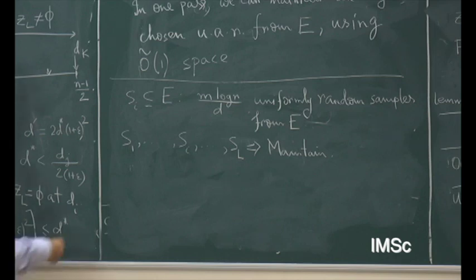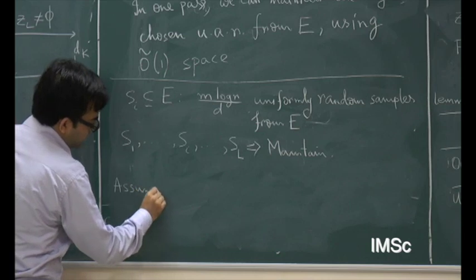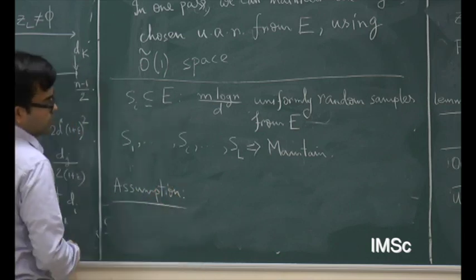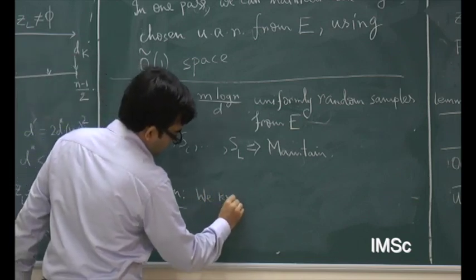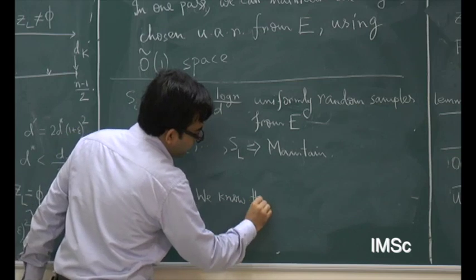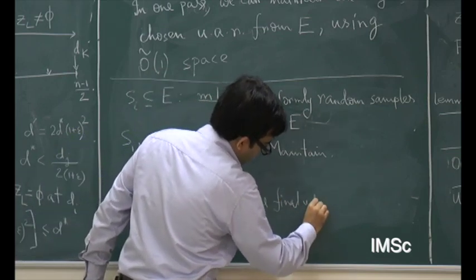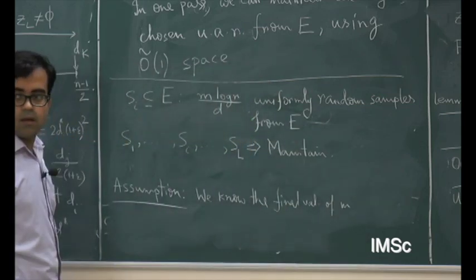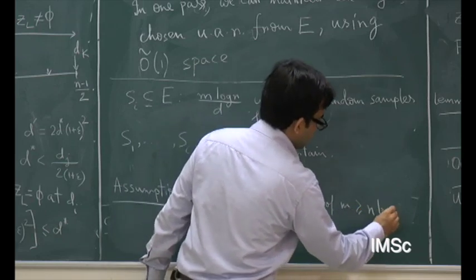The first assumption is, we can relax this assumption later on. You can just figure it out yourself. It's not difficult to relax. We know the final value of m. And this final value of m is greater than n log square n or something.